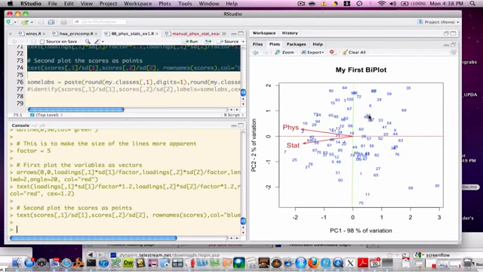I think that's true, certainly from a visual point of view, but let's try to figure out what's going on. So if we look at the 64 value, we might expect the physics and statistics scores to be lower than over here. But since it's up here, I would expect the physics score to be higher than the stat score. And let's see if that is in fact the case.